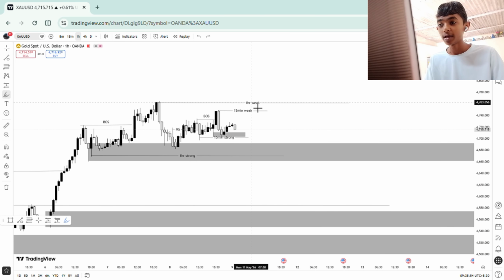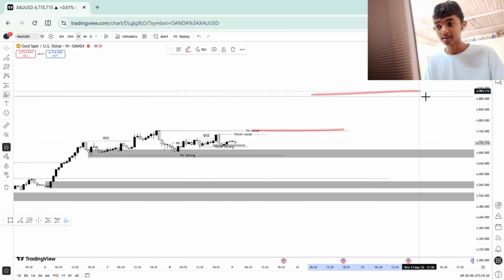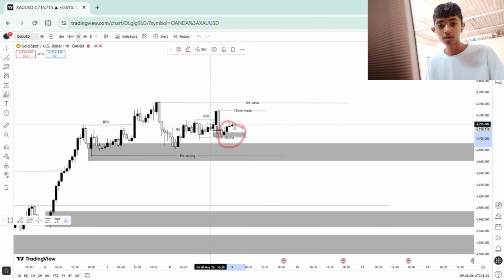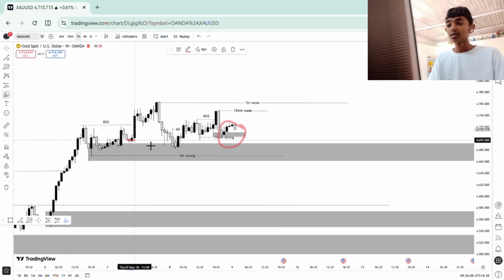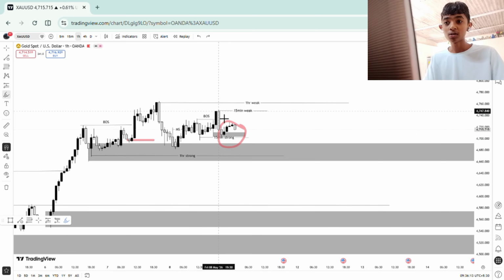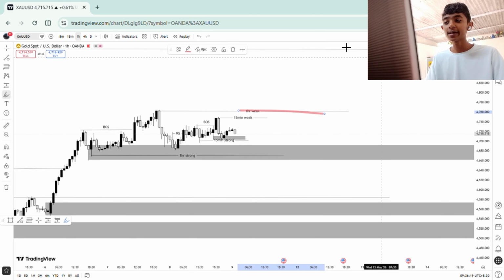Choice is yours. And if you are aggressive, you can even enter here on this point of interest because price has already swept this liquidity and gave us a fractal breakout structure. Okay, and target this 1 hour weak high, or you can even target this 4 hour weak high, because the objective of price is to go up.